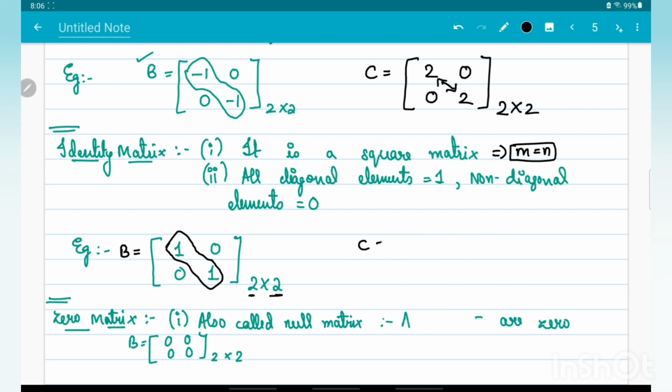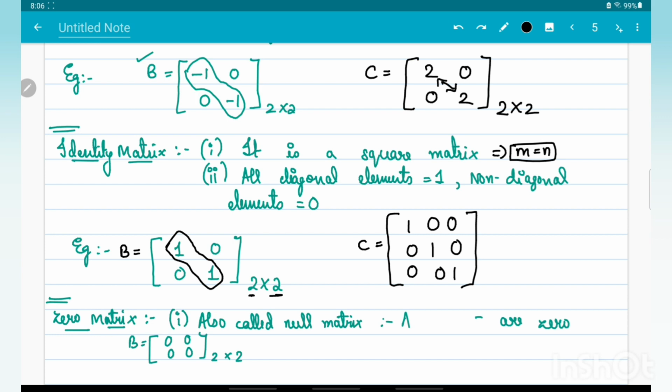Suppose I take one more example over here. Now if you check the order of this matrix, there are 3 rows, 1, 2, 3, and 3 columns, 1, 2, 3. Okay, so there are 3 rows and 3 columns. The order of this matrix is 3 by 3.